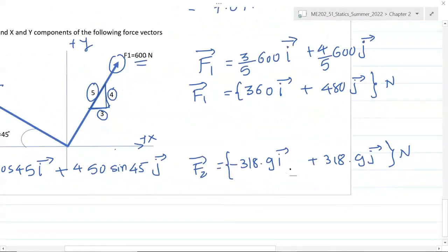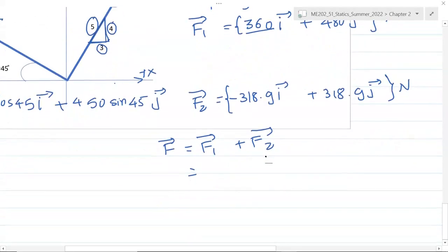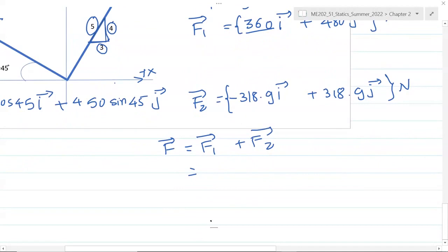Now to find the resultant of these two forces, F equals F1 plus F2. So we can combine I parts together. So it is 360 minus 318 I. And that is 41.8.